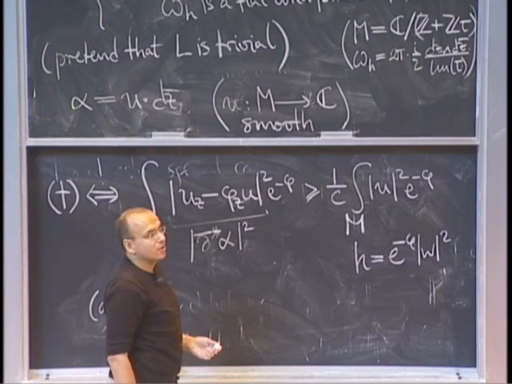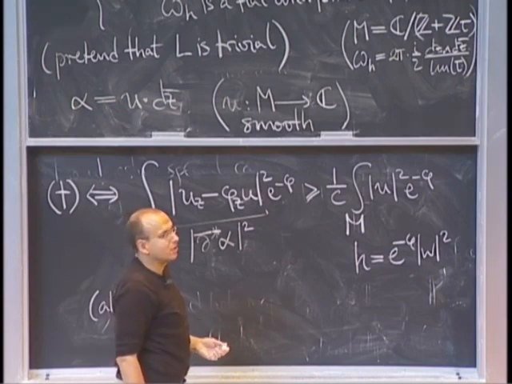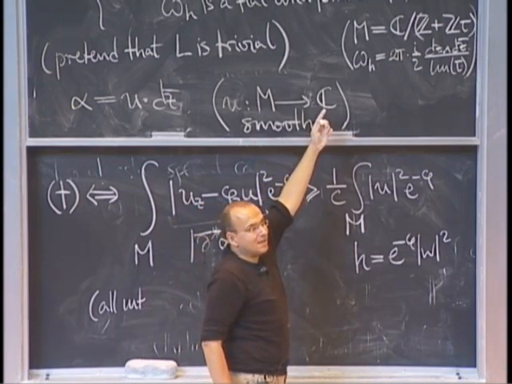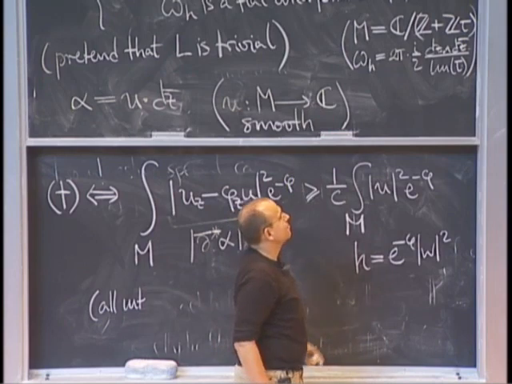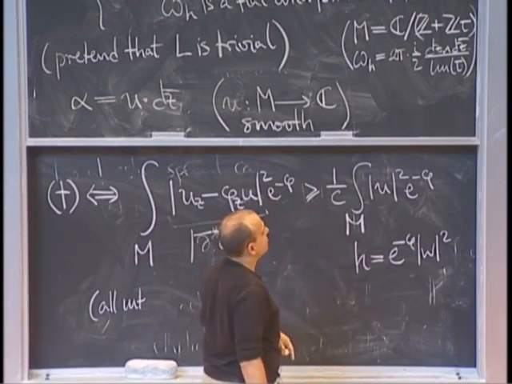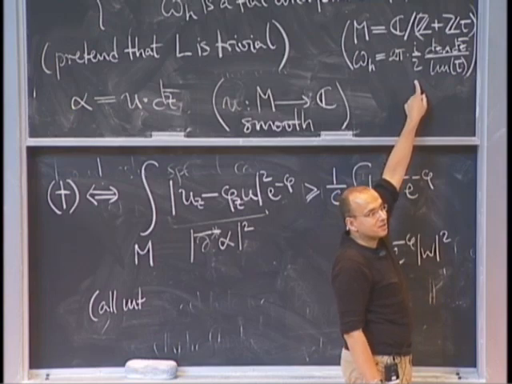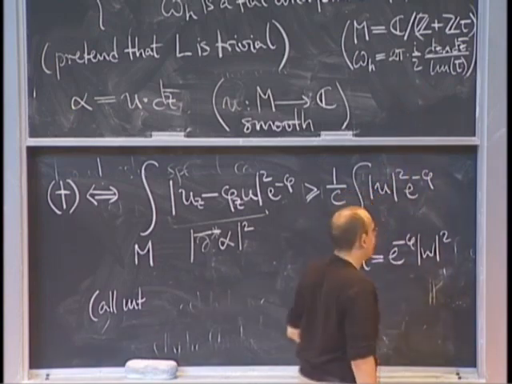You can take it to be, not necessarily, but you can. That's certainly a valid example. You have some phi whose dd bar is equal to this, at least locally. That's a perfectly fine example.